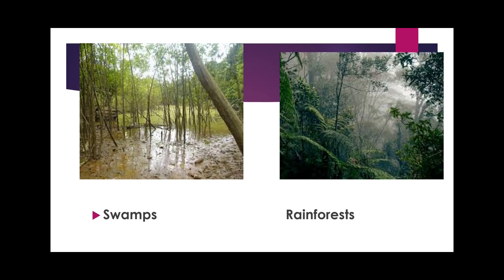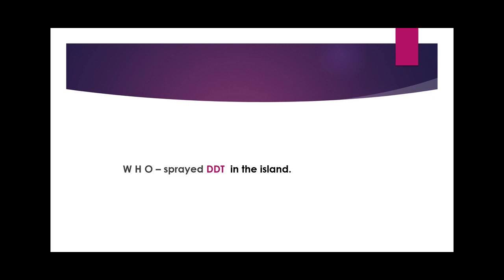So in order to avoid the spread of the deadly malaria, the WHO, means the World Health Organization, acted. And students, the World Health Organization is an international organization that aims to fight and control diseases in different countries and areas.